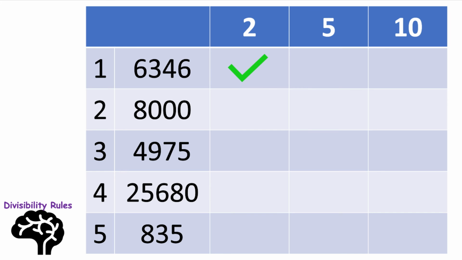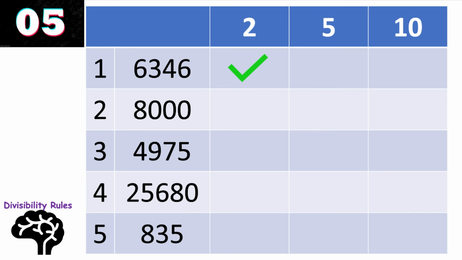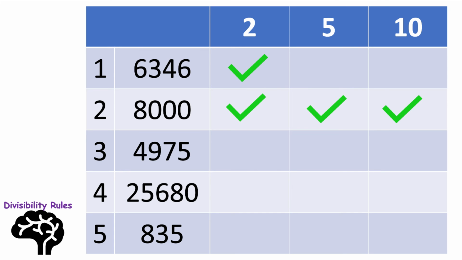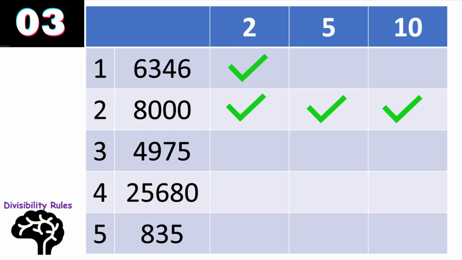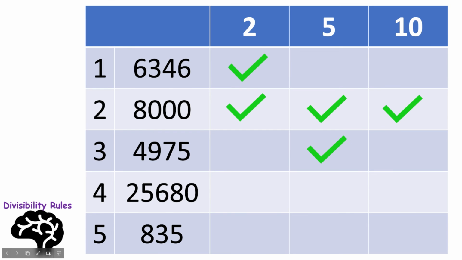Number 2, we have 8,000. 8,000 is divisible by 2, 5, and 10. Number 3, we have 4,975. 4,975 is only divisible by 5.